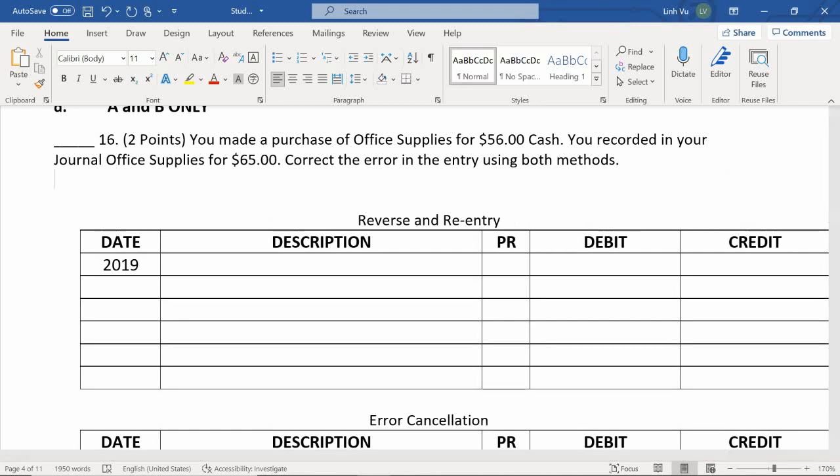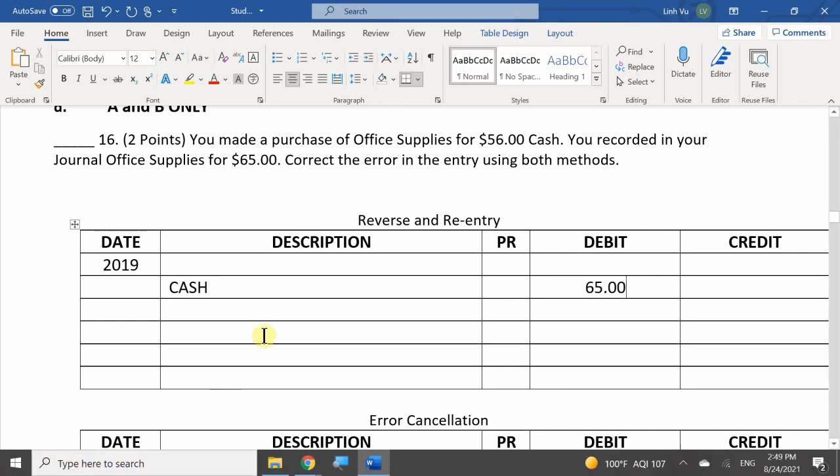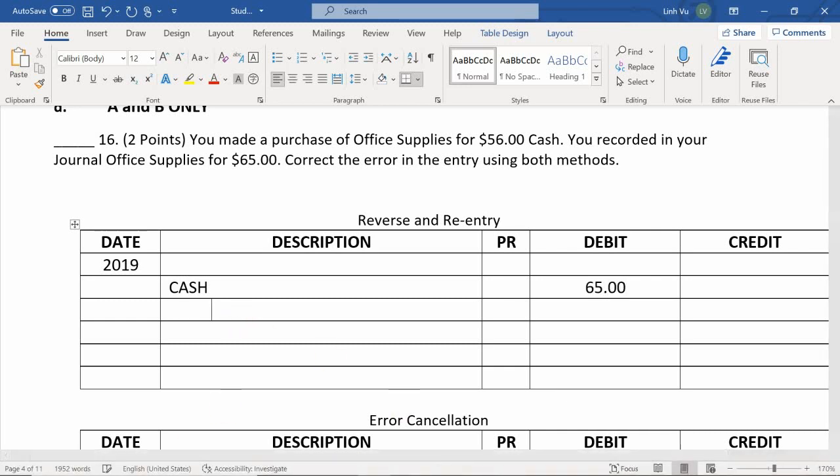Okay, good. That's exactly correct. Okay, so I've already entered in my books that it was 65. Now, to reverse that, I'm going to go to the store and return it. So therefore, I should be getting cash back for $65, right? Yes. And then I would be returning my office supplies.